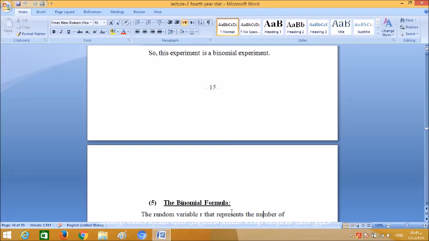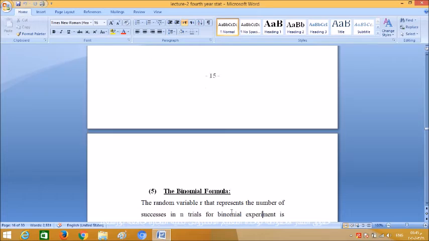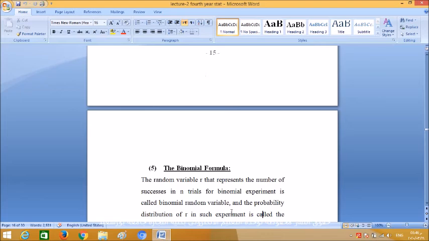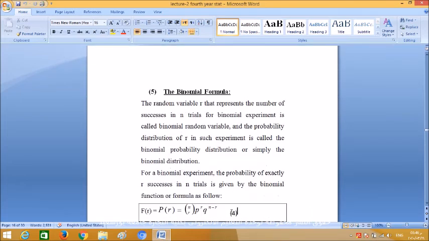The binomial formula. How can you compute the probability according to the binomial distribution or binomial formula? This is the formula.